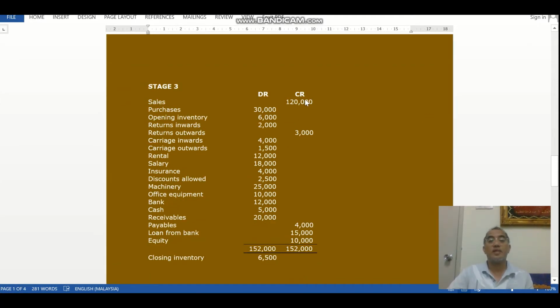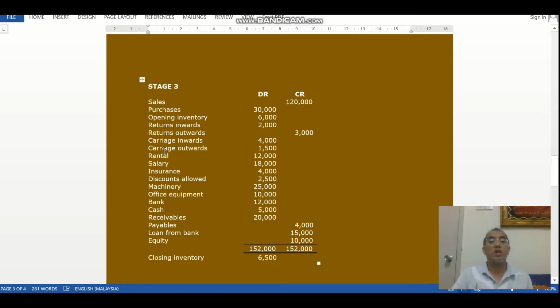We have sales and purchases, opening inventory, return inwards, outwards. We have cash inwards, cash outwards as well. Rental, salary, insurance, discount allowed. Discount allowed is an expense. Of course we give discounts and we allow the discounts to be made, so it is our expense.